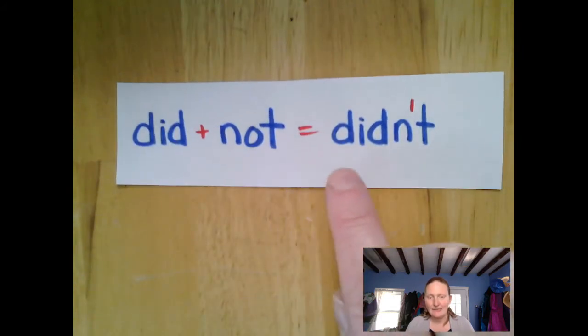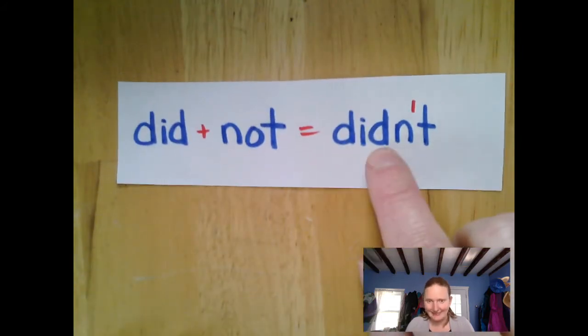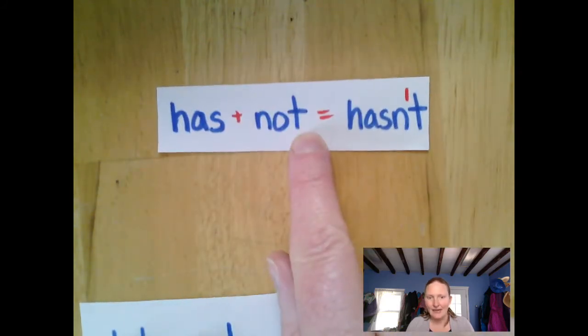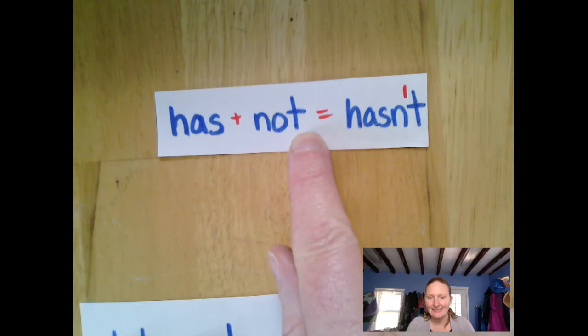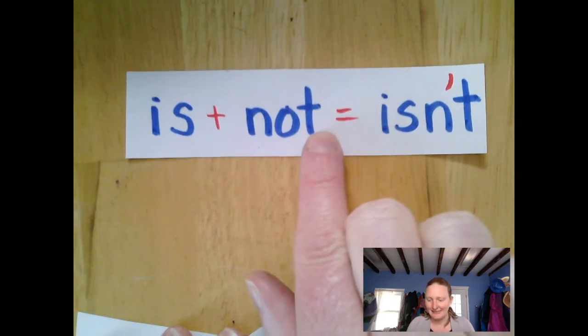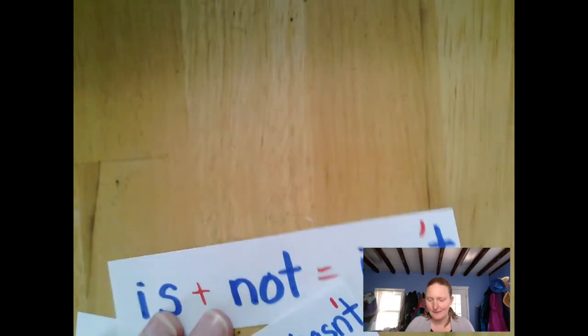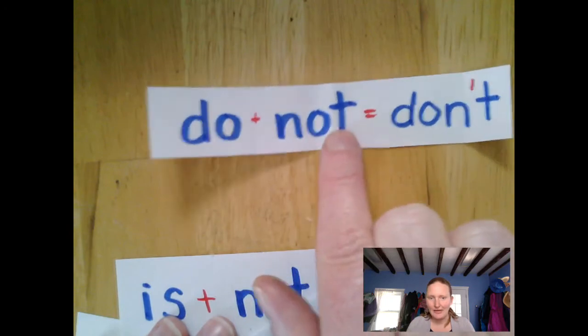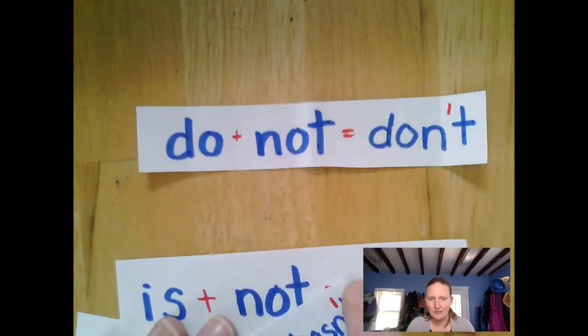Did not becomes didn't. Has not becomes hasn't. Is not becomes isn't. And do not becomes don't.